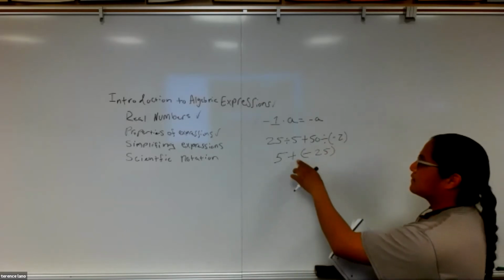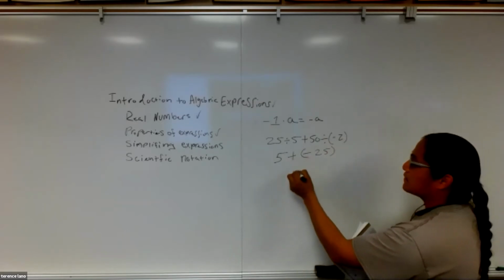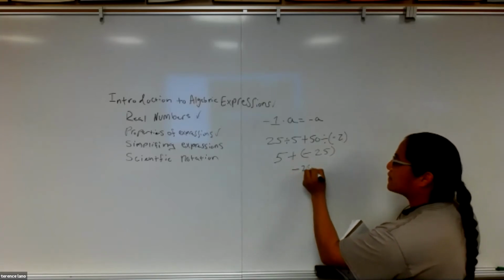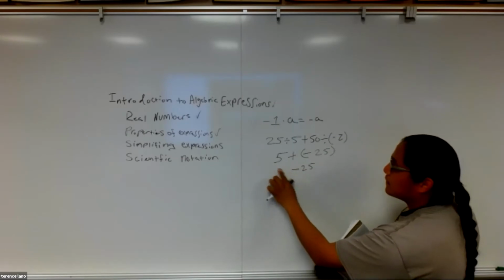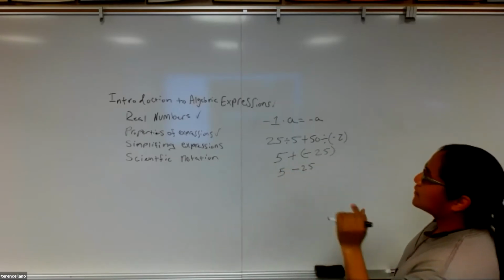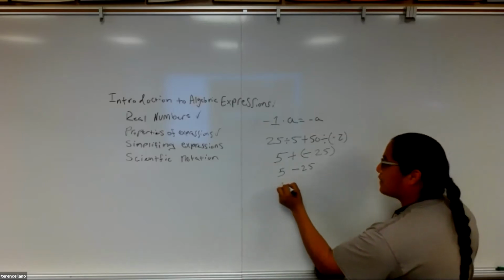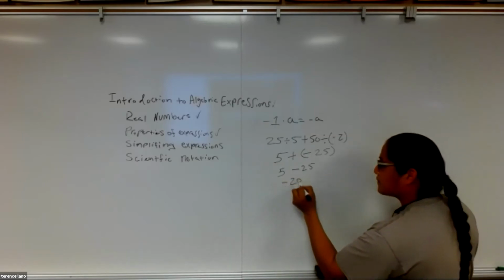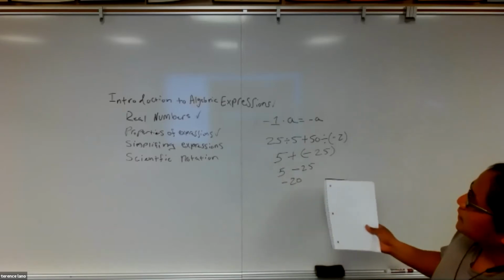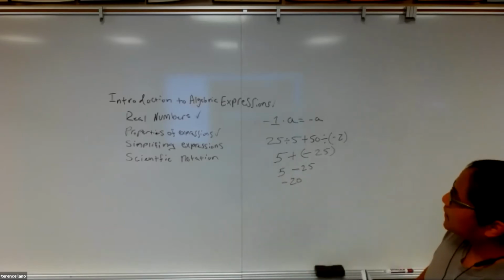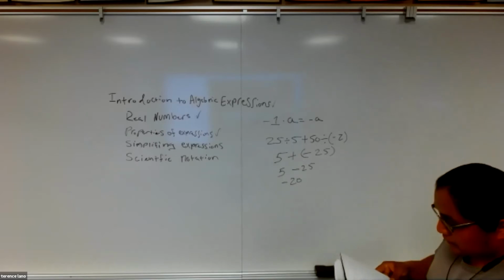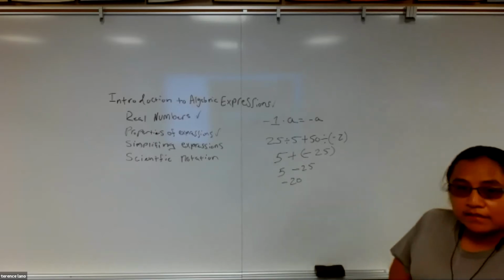And then a positive times a negative is going to keep the negative, and we're going to be left with -25. Bring down our 5. So this will be 5 minus 25, and we're going to be left with -20, because we're going to be subtracting 5 from -25, or adding 5 to -25. Any questions?